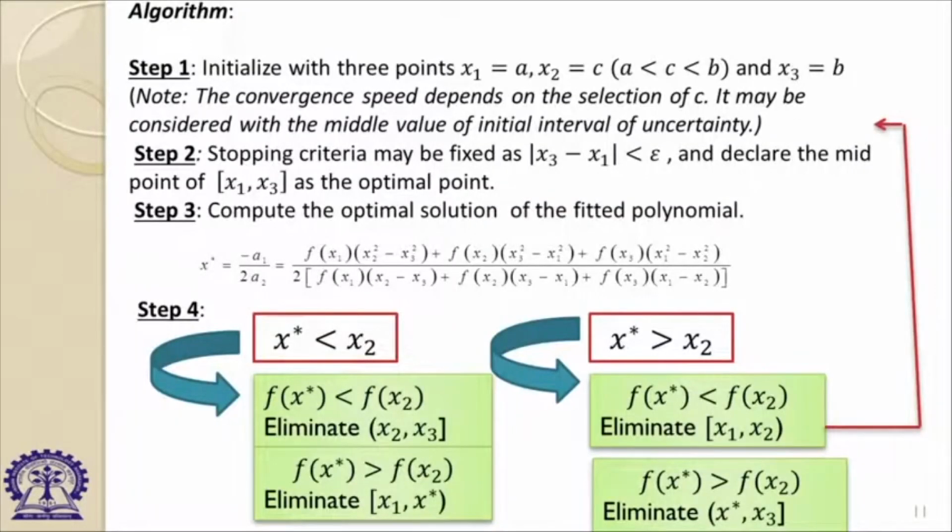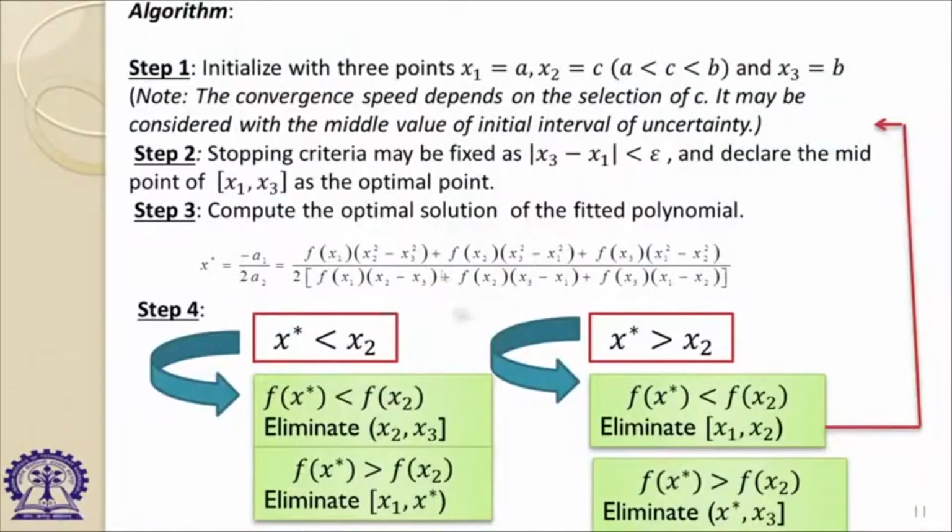x star is situated. It may happen that x star is less than the mid value, that means in between A and x2, or it may happen that x star is in the right part of the mid value. There are 2 possibilities. If x star is lesser than x2, there again 2 possibilities may happen: f(x star) may be lesser than f(x2), or f(x star) may be greater than f(x2).